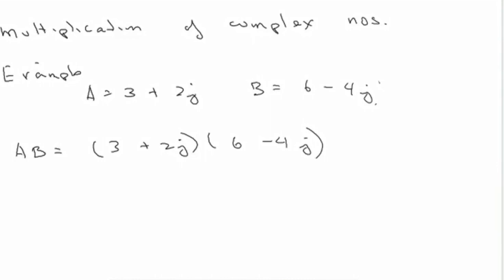So when you multiply each with the other term, how is it? First we multiply 3 multiplied by 6.